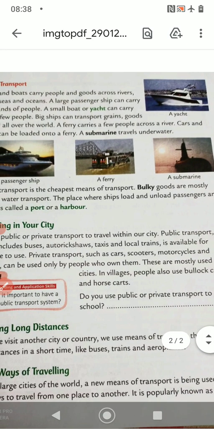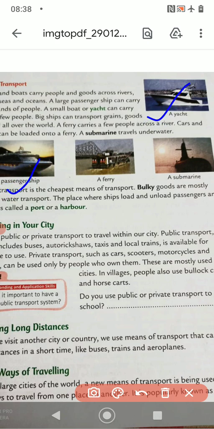So you can see here, this is a big ship for passengers, this is a yacht for carrying a few people, and this is a ferry. Here also a few people can cross the river. And this is the submarine which travels underwater.